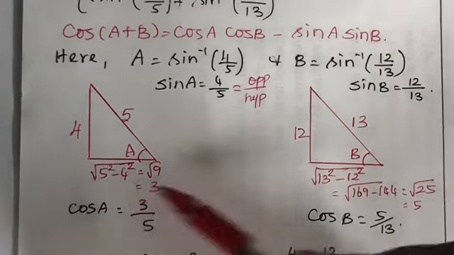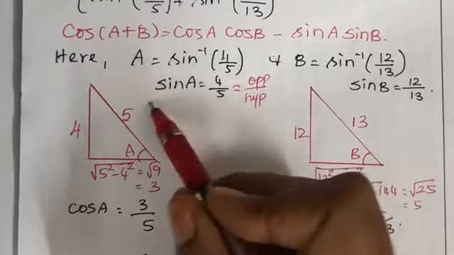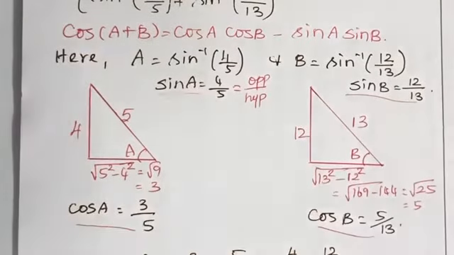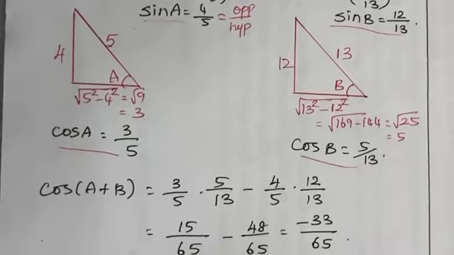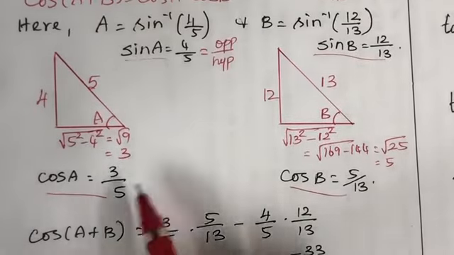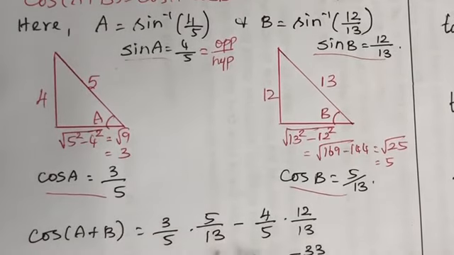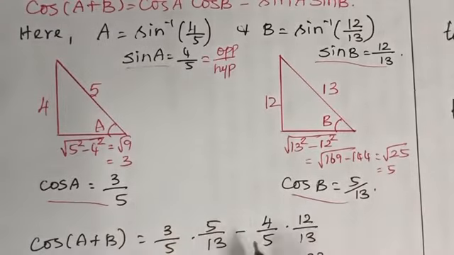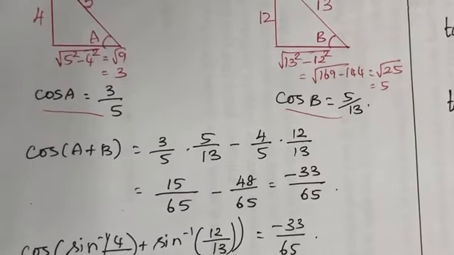Now we can substitute these values. 4 values we have: sin A, sin B, cos A, cos B. So we can substitute in our formula. Cos A plus B equal to cos A cos B. What is our cos A? 3 by 5. Cos B 5 by 13 minus sin A sin B. What is our sin A? 4 by 5 into 12 by 13. So 3 5s are 15 by 65 minus 4 12s are 48 by 65.